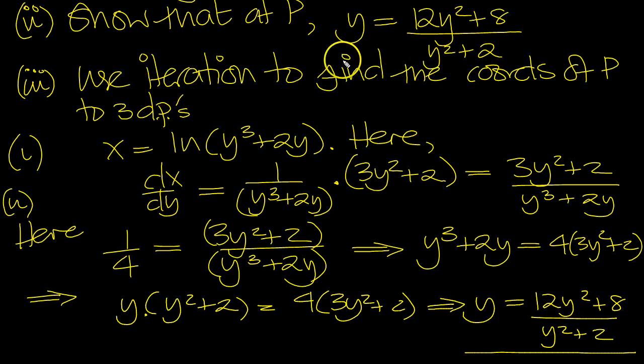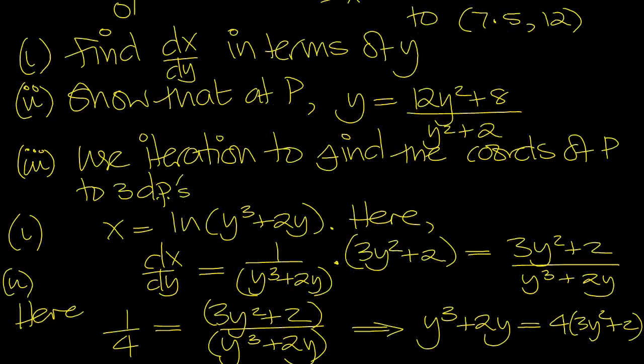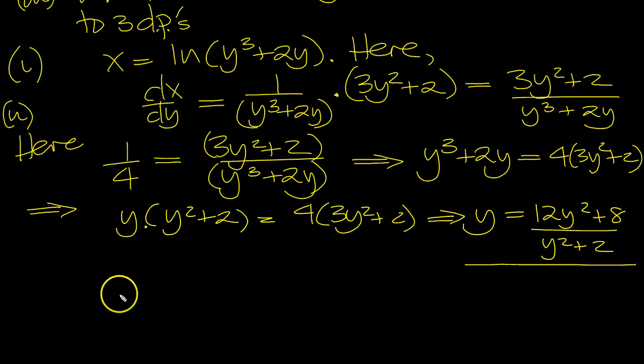So use iteration to find the coordinates of P to 3 decimal places. So the first value of y we can try is 12 and get the next value along. So let's put 12 in.